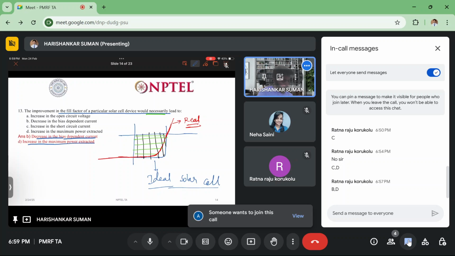If this is the two point, this is the maximum power point for ideal. So this is high as compared to real. So if power is high, then fill factor also will be high.